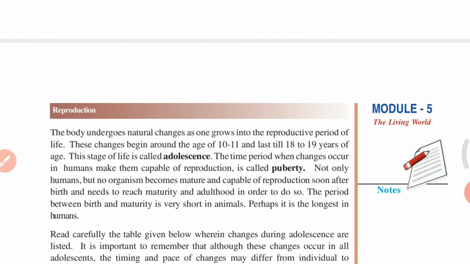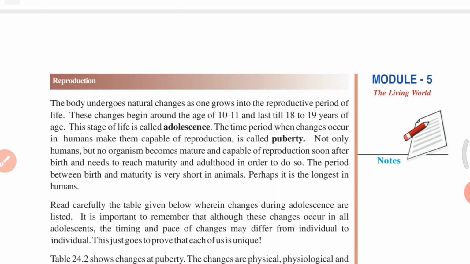The body undergoes natural changes and grows into the reproductive period of life. These changes begin around the age of 10 to 11 and last till 18 to 19 years of age. This stage of life is called adolescence.